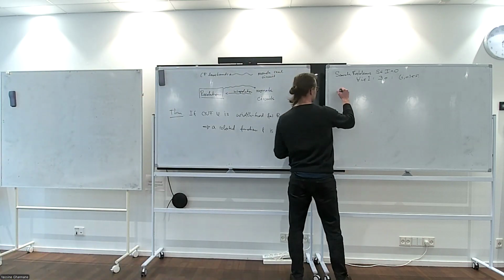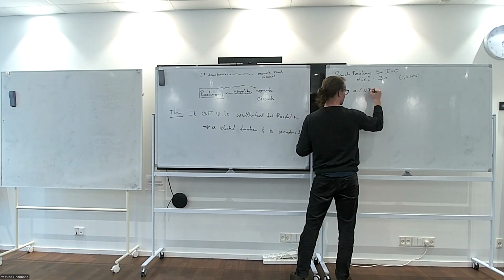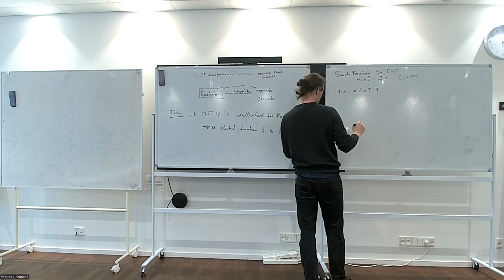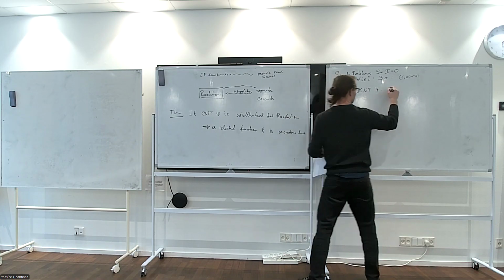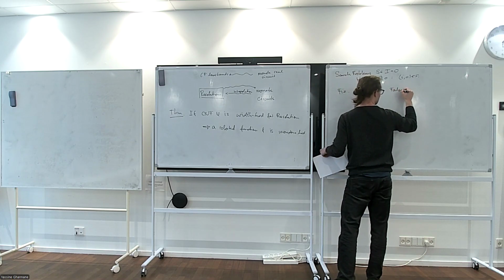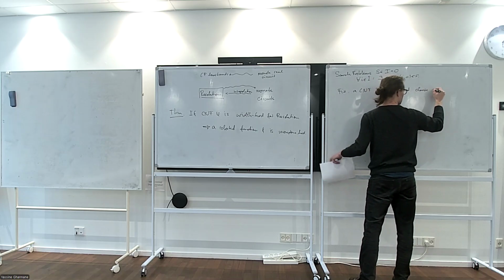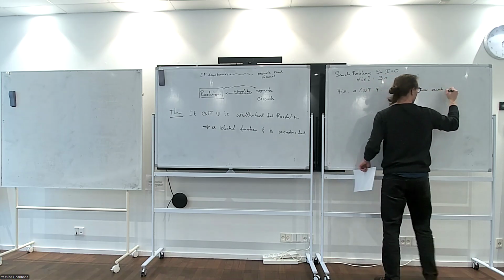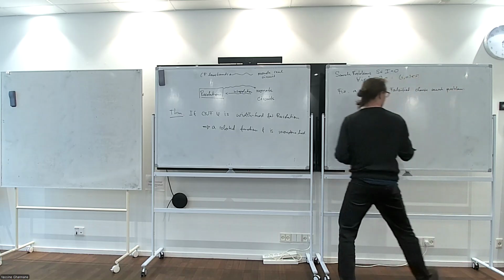So we fix a CNF F, and the falsified clause search problem is defined as follows. We assume that F is over n variables.